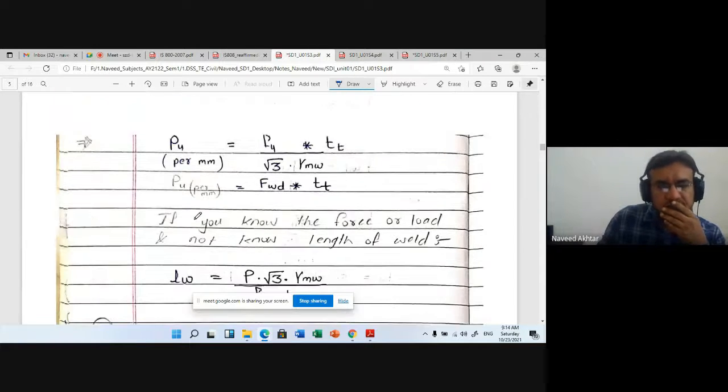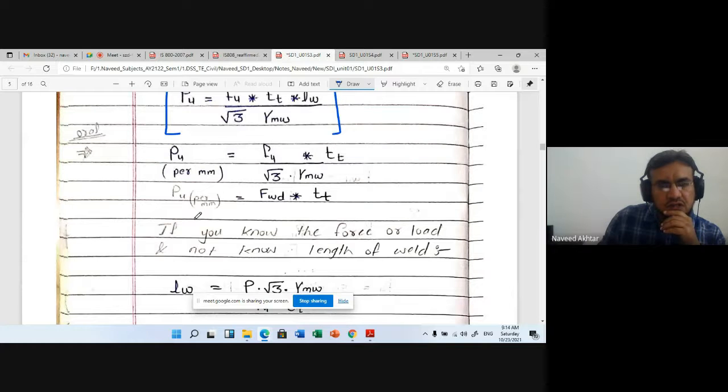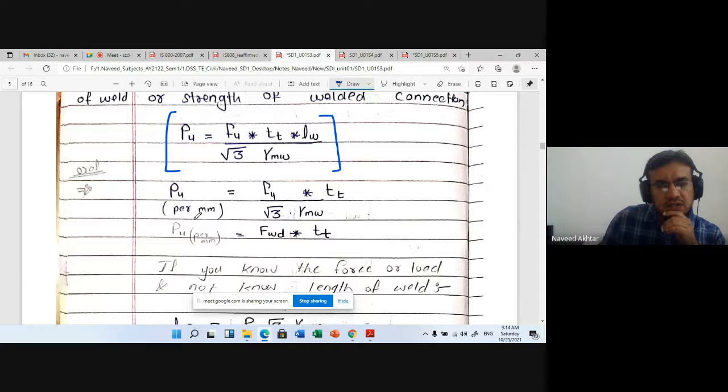Now, if you have to find out the per mm strength of weld, PU, then it is FU into PT divided by root 3 into gamma MW. So the length of weld is not required.